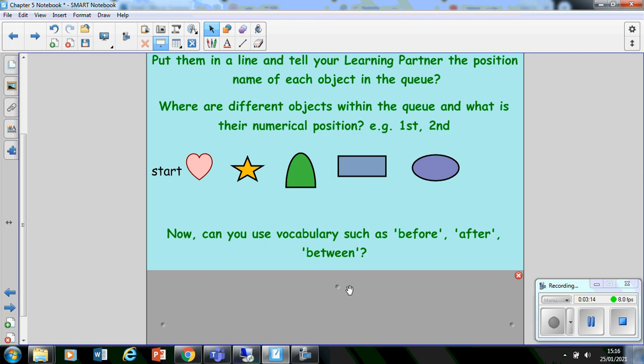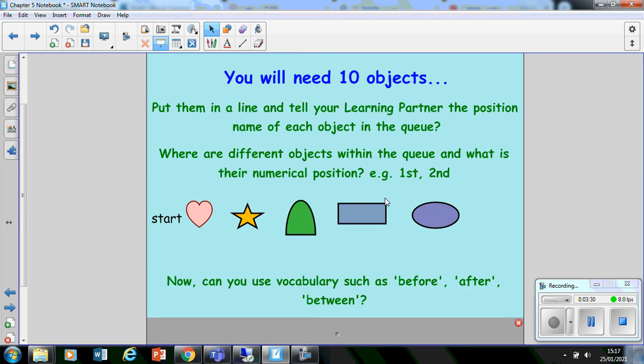Okay, so for example, I'm looking at my line, my objects, and I know that my starting point is here. I'm going to say my rectangle, or this shape here is called a rectangle, is in between my oval and my arch.